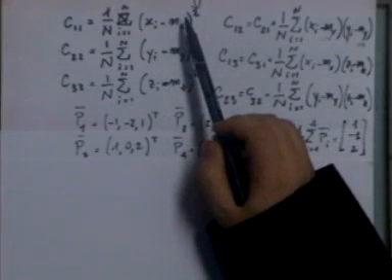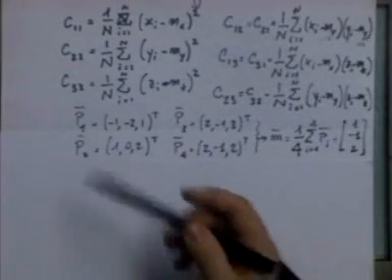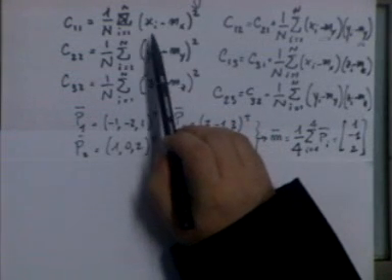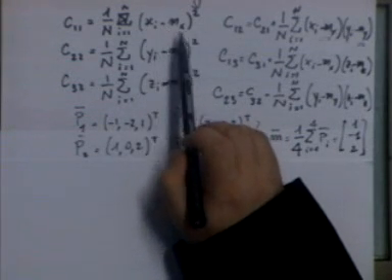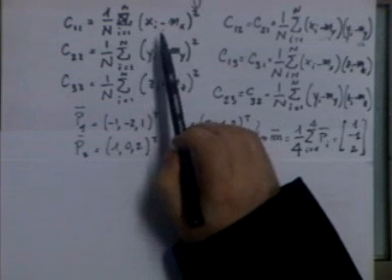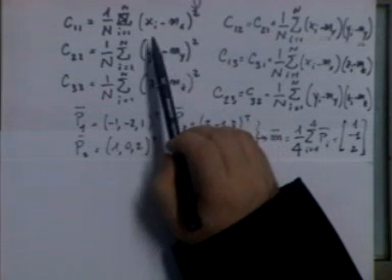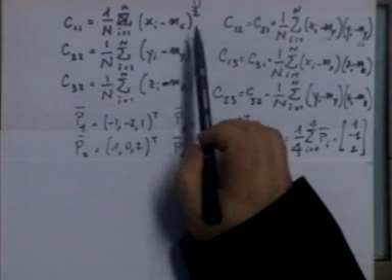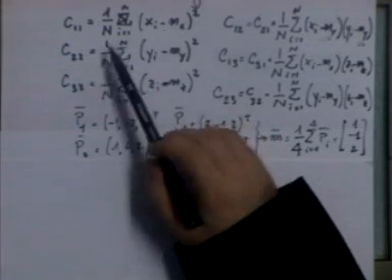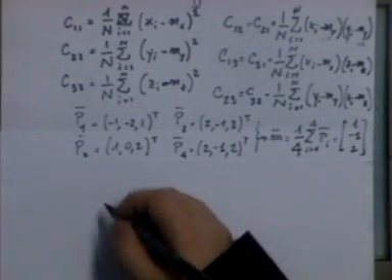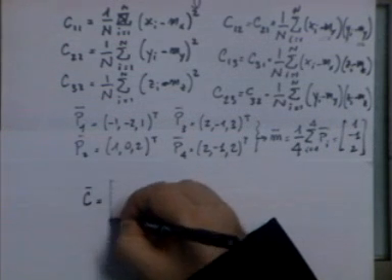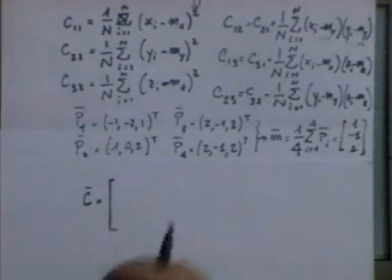So you already have 1 plus, etc. You sum all the four xi: x1 minus mx squared, x2 minus mx squared, x3 minus mx squared, x4 minus mx squared, sum everything together and divide by 4. If you do this for all the others, then your covariance matrix has this form.